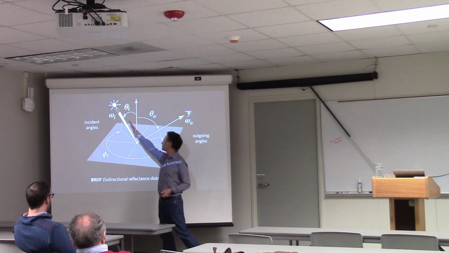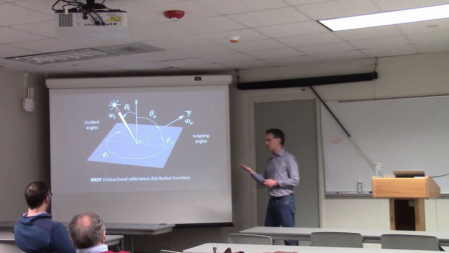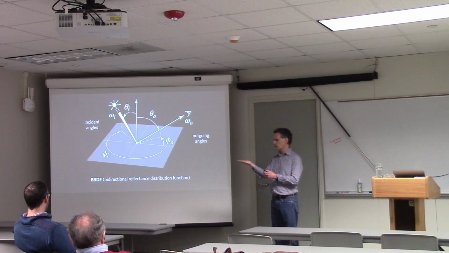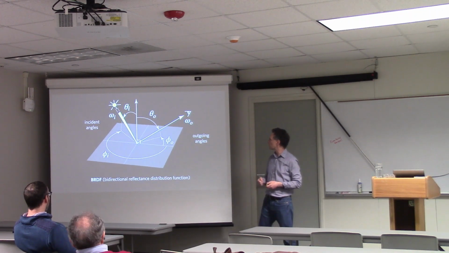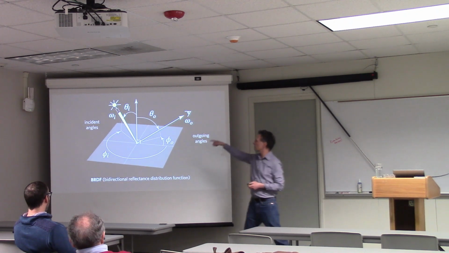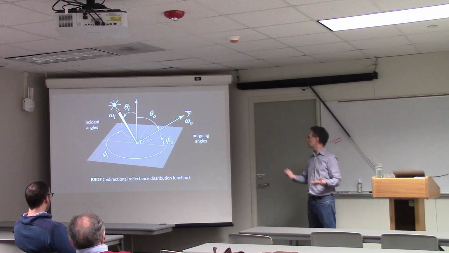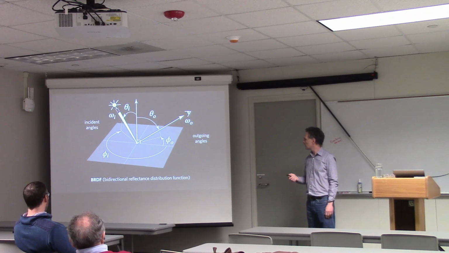One is the direction the light is coming from, and the other is the direction the light is going to. Its job is to tell you what will happen if you take this piece of material and illuminate it from omega I: you look at how much light went toward omega O, and it roughly gives you what fraction goes toward omega O. It's a function of 4 variables if you list them out as scalars, and often we use theta and phi angles like these in a spherical coordinate system.